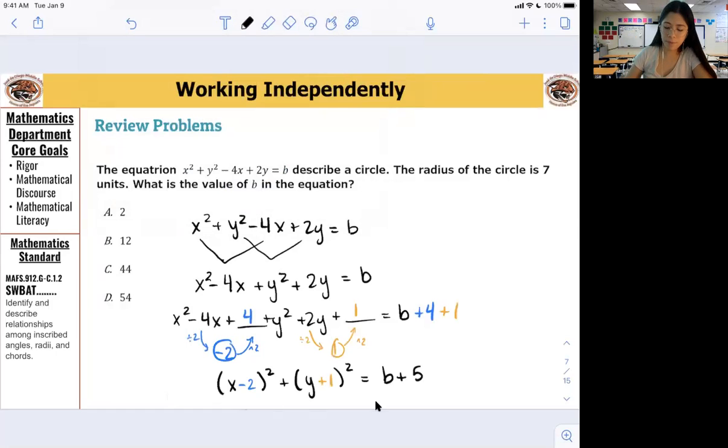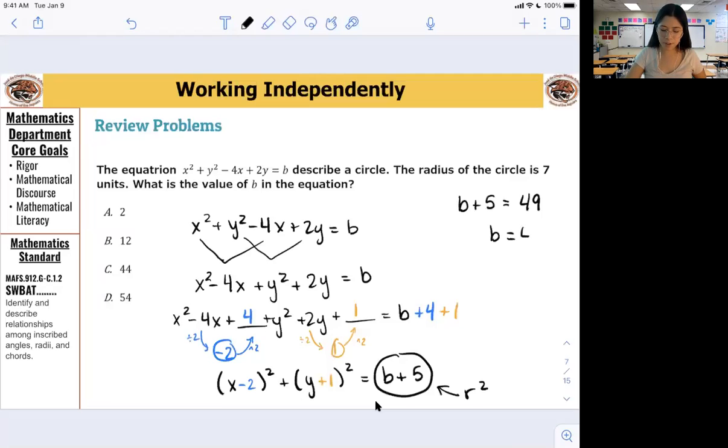And now that I'm in standard form, I know that this right here should be r squared. So I know that b + 5 should equal what? 49. Good. And if b + 5 equals 49, what would be b? If b + 5 is 49, then b on its own should be 44.